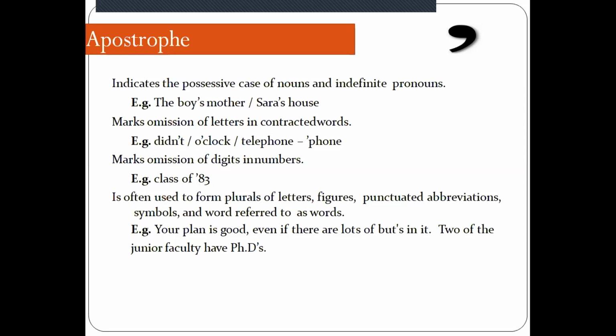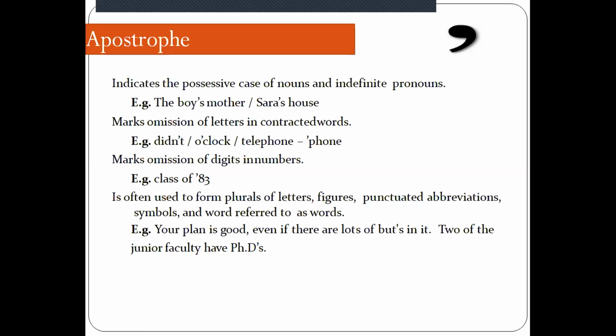It's like a comma, but this comma is not below the word, not below the right side of the letter. It is written above the right-hand side of the letter, like this. The apostrophe indicates the possessive case of nouns and indefinite pronouns.